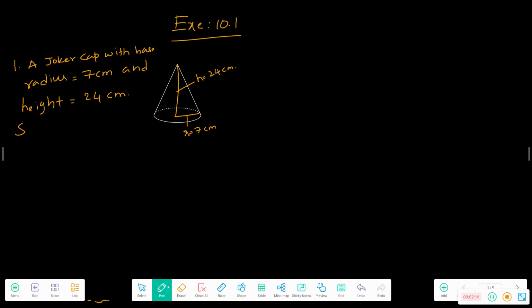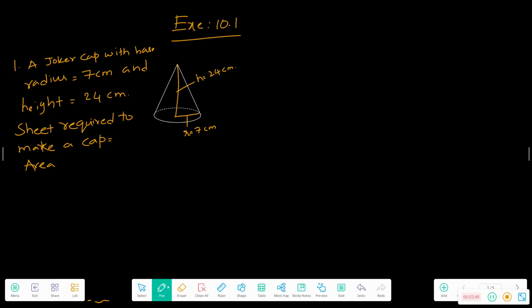Now sheet required to make a cap, it is nothing but area of cap, or we can call it curved surface area of cap.